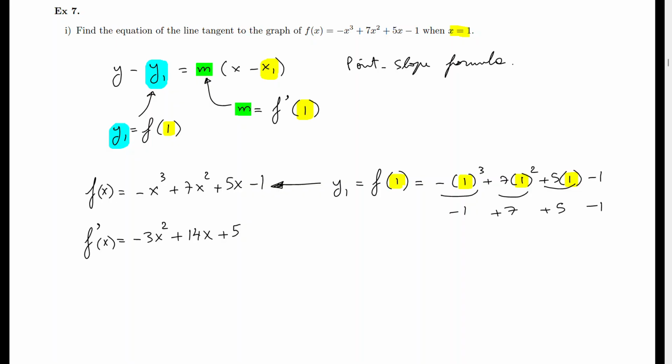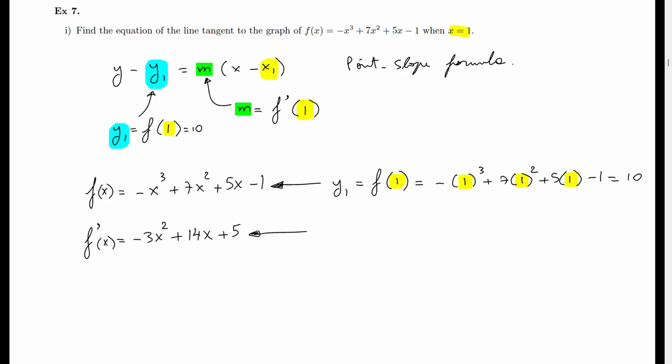It seems like the middle part is 12, but actually, negative 1 minus 1 is going to be negative 2. So 12 minus 2 is going to be 10. So the answer is actually 10. So my y1 is equal to 10. And what about the y prime?